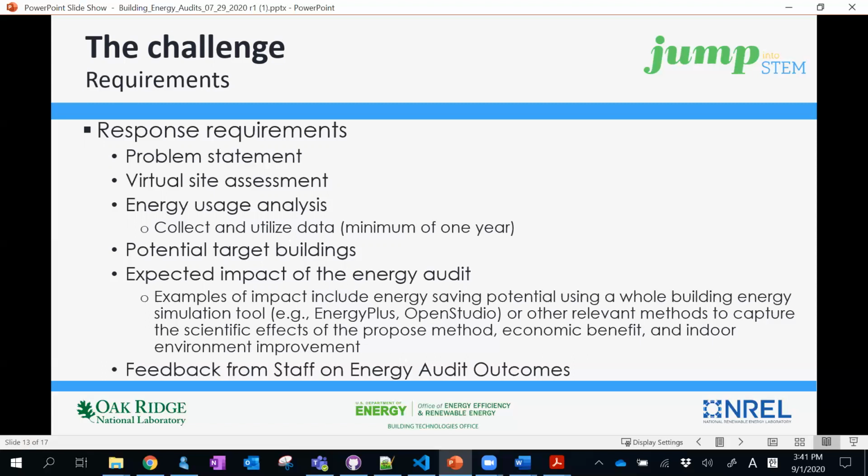Examples of impact include energy saving potential, using a whole building energy simulation tool such as EnergyPlus and OpenStudio, or other relevant methods to capture the scientific effect of the proposed method, and economic benefit and indoor environment improvement. Feedback from staff on energy audit outcomes is also required.